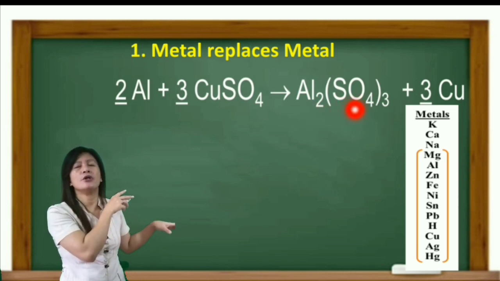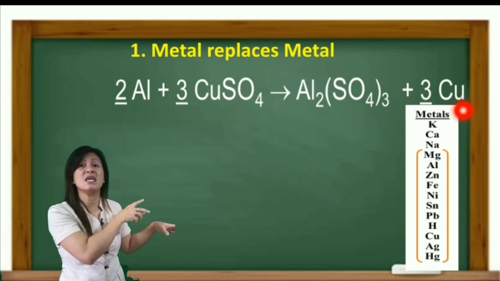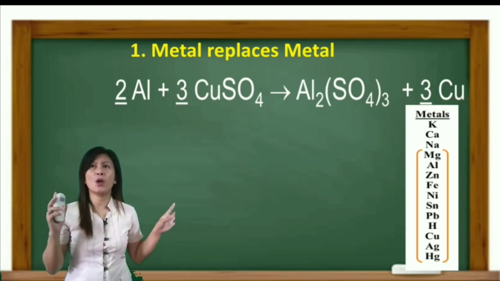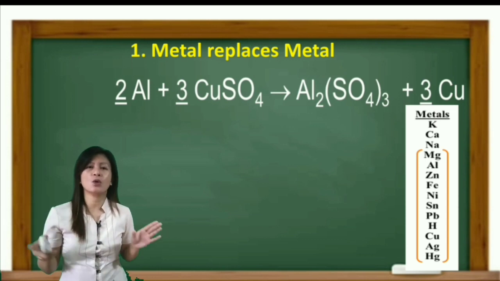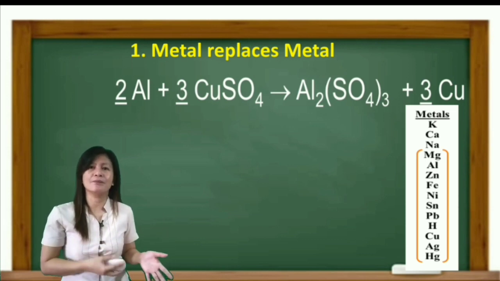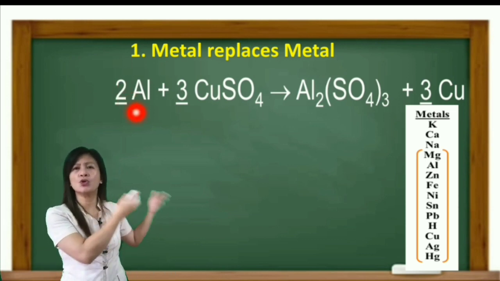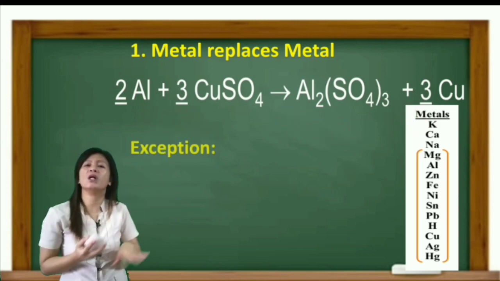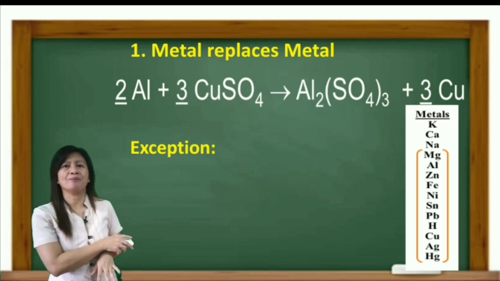The other substance from the general equation, B, is replaced as another product. So that's when we use the first general equation in the previous slide. And then adding coefficients 2, 3, 1, and 3 respectively will balance the equation.